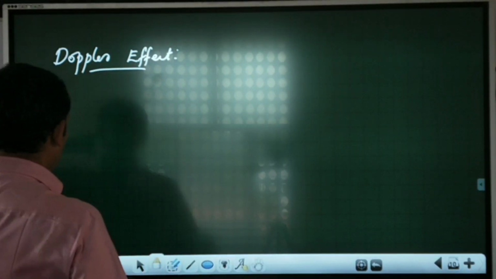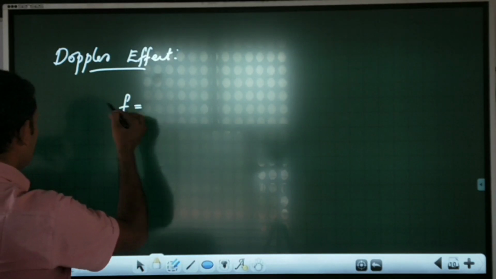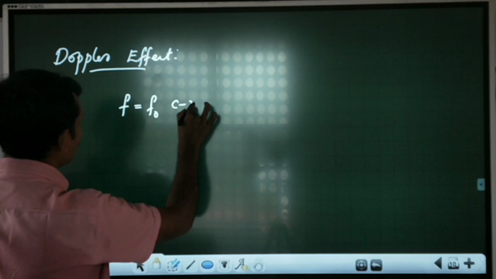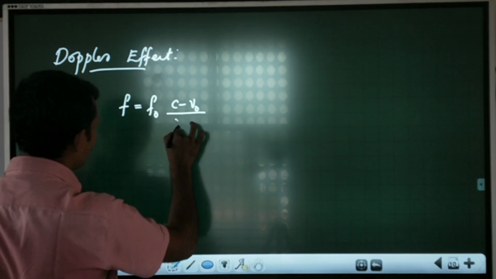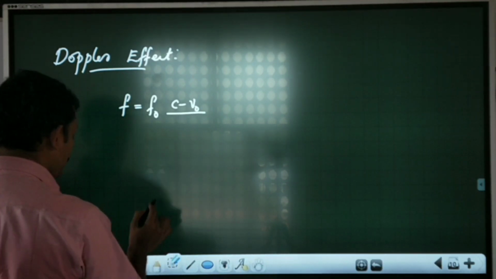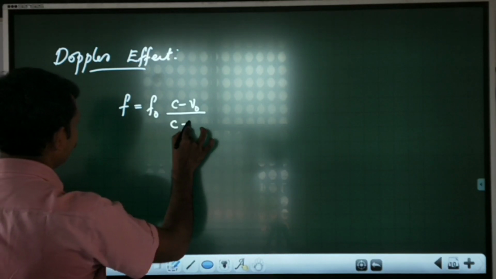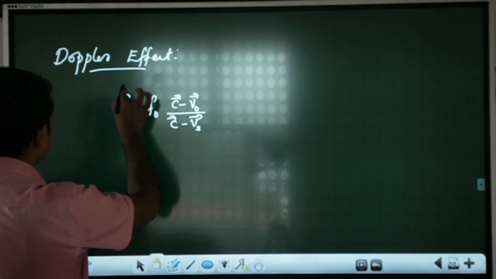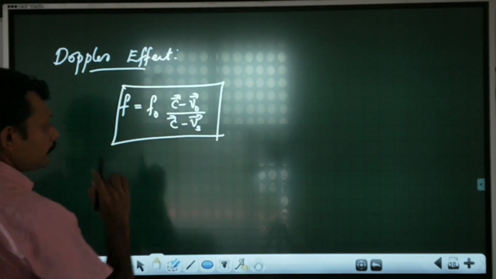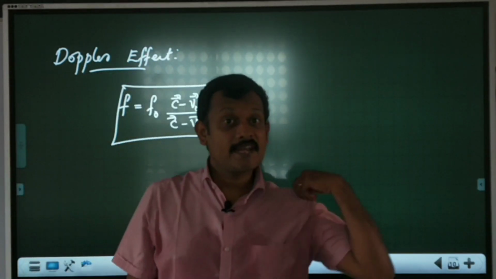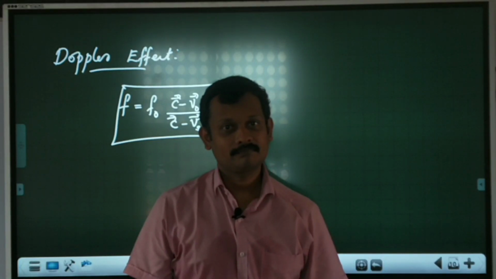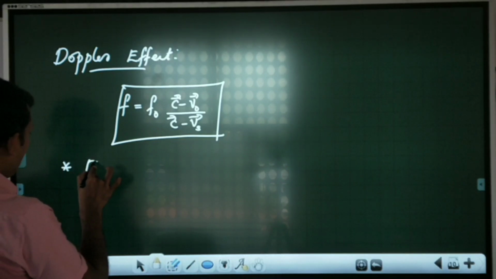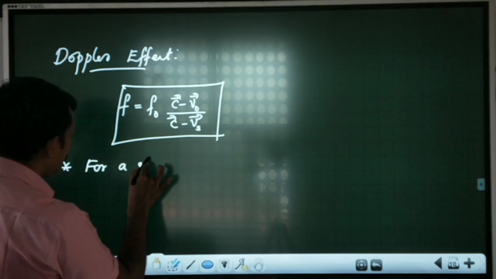According to our knowledge from first year, in the case of the Doppler effect, the apparent frequency is equal to the actual frequency times (c minus v of observer) divided by (c minus vs). We have to keep the vector symbols in order. This is the formula for the Doppler effect we studied in first year. I am going to take the same formula for the second year also, for a stationary observer on Earth.